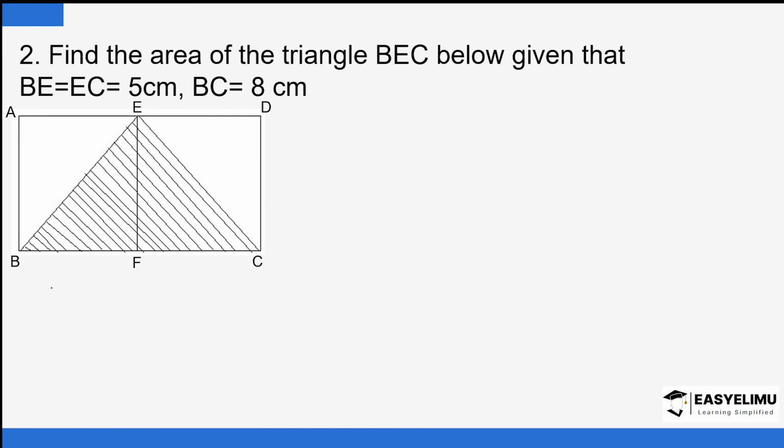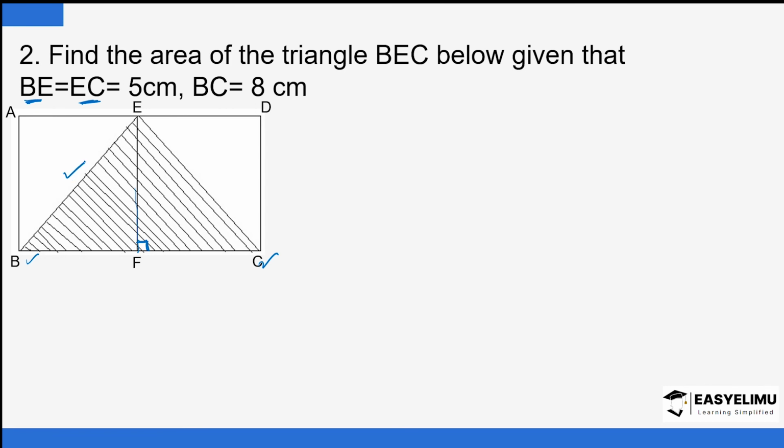So you see now in this case the base is here, so the height must be somewhere here. Again, perpendicular, we call it the altitude of the triangle. See now we have the lengths: BE is equal to EC.